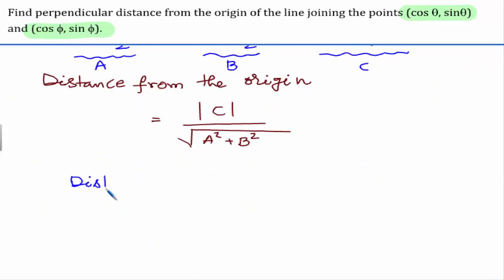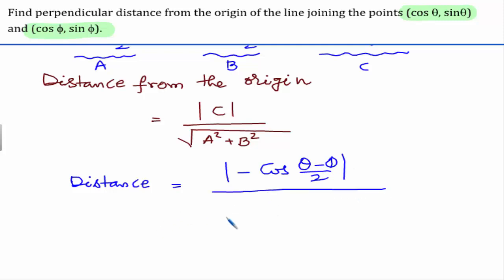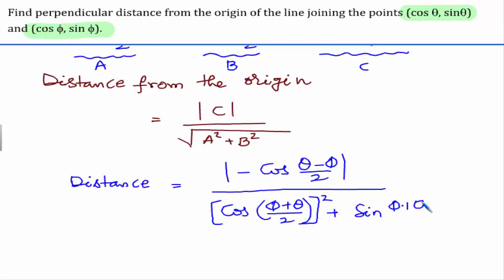So the distance is equal to c, that is minus cos theta minus phi by 2, by a square, which is cos phi plus theta by 2 whole square, plus sine phi plus theta by 2 whole square, and for this the square root.